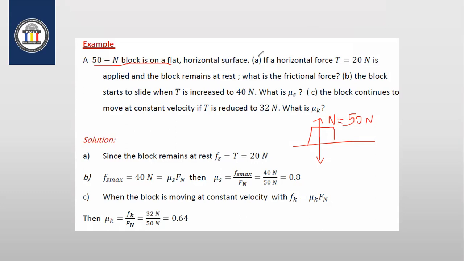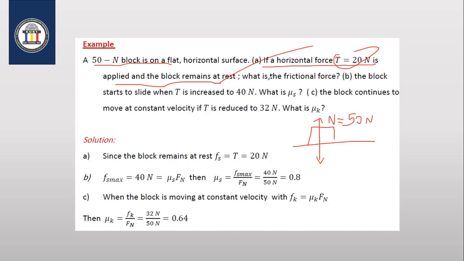A 50 Newton block is on a flat surface. If a horizontal force T equal to 20 is applied and the block remains at rest, what is the friction force? As I said, when the object is at rest and there is no horizontal force, the friction force will be equal to 0.